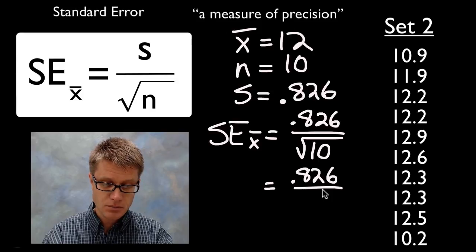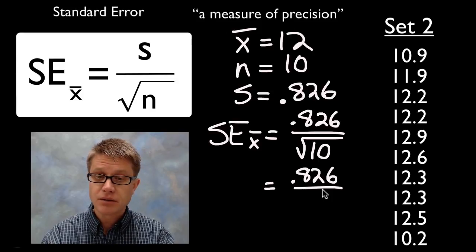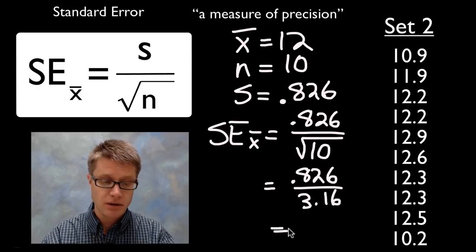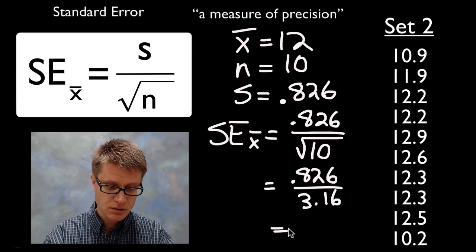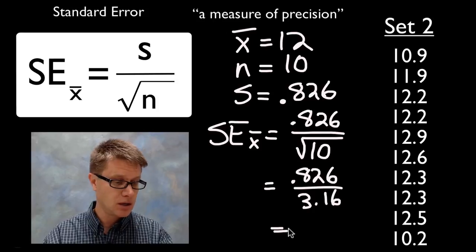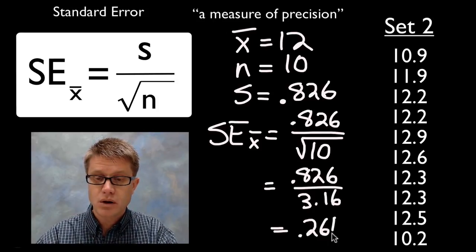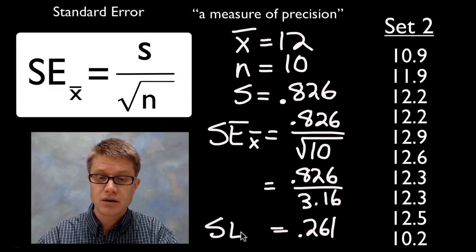And that is going to be 3.16. And then if I take 0.826 divided by 3.16, I get 0.261. So 0.261 is my standard error, or standard error of the mean.